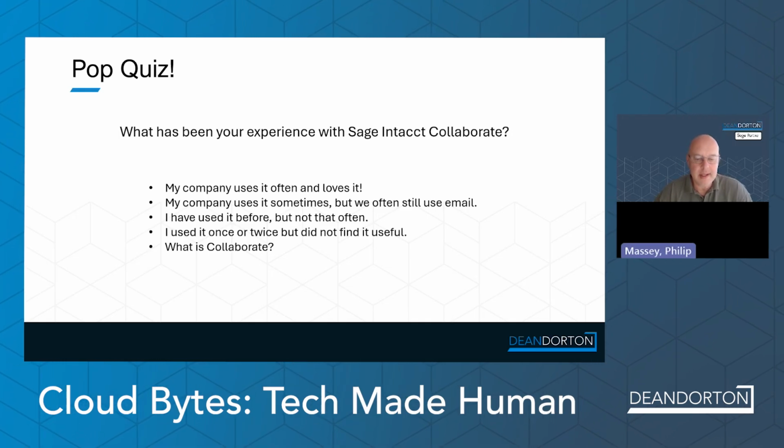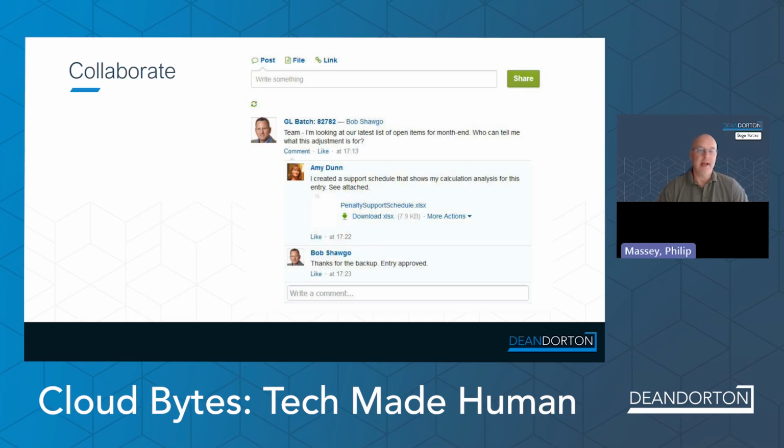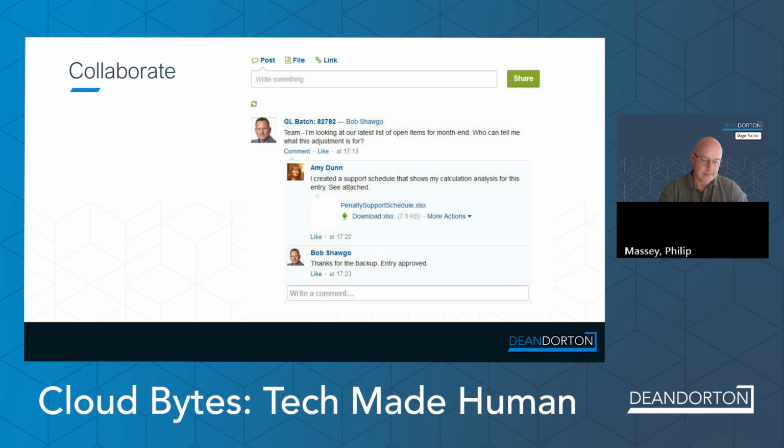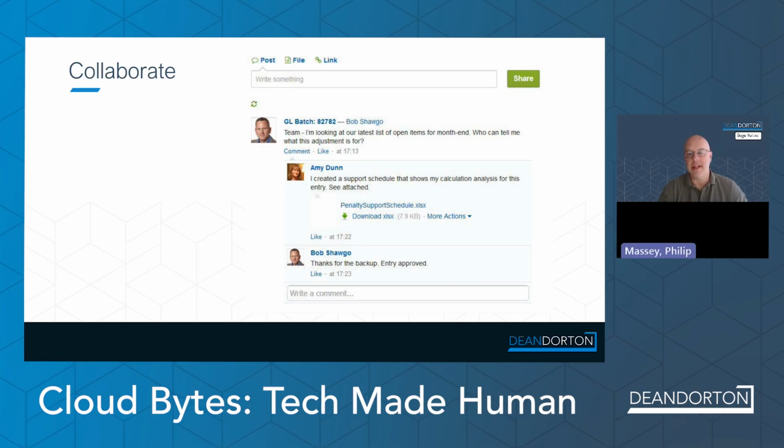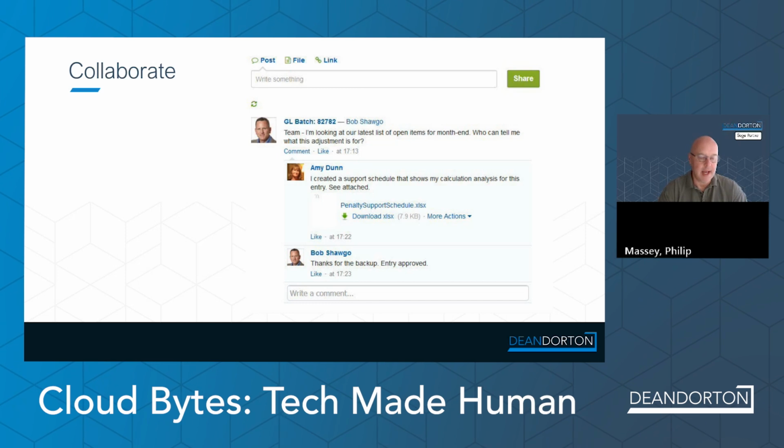So let's talk about what Collaborate is. The easiest way for me to explain what Collaborate is, is to go back to something that we probably know and use and talk about every single day, and that's social media. Sage Intacct Collaborate, I tell folks, is like Facebook Messenger built into your accounting application without, hopefully, all the drama, all the pictures, and all the unnecessary, right?